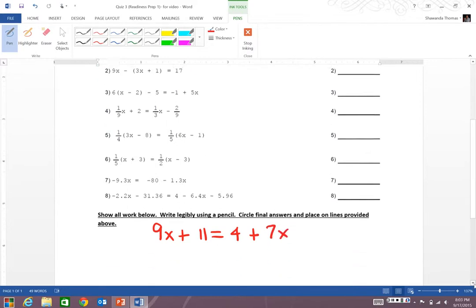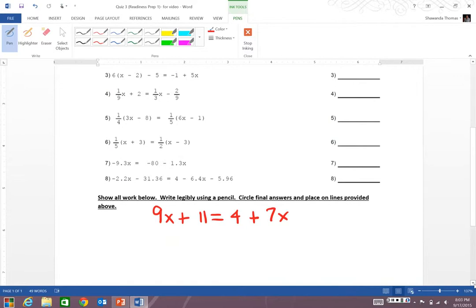Now your next task is to get the like terms together. As you can see, we have an x on both sides. We could get those together, or we could get our numbers together, but I choose to get my 7x over here with the 9x, and I can do that mathematically by subtracting 7x from this side.